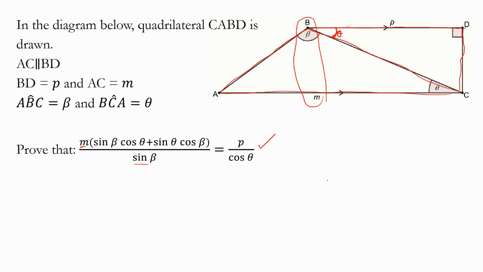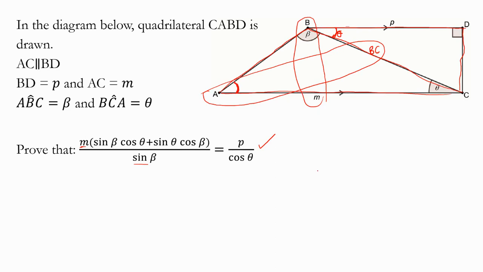What else do we need? We have the side and the angle in triangle ABC, but this is side BC, so we also need this angle here.